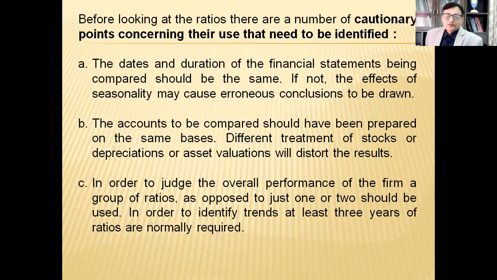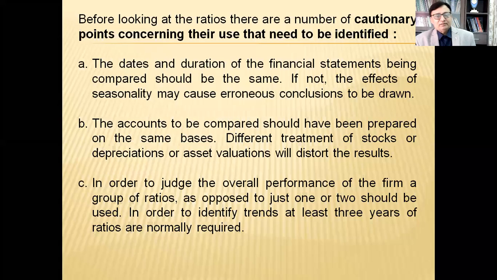But before looking at the ratios, there are a number of cautionary points concerning their use that need to be identified. Sometimes the owners or the managers of the company want to project a very good portrait of their organization by using or misusing the ratio analysis. So we must be very cautious about the use of ratio analysis.